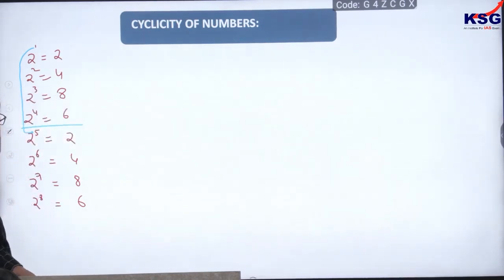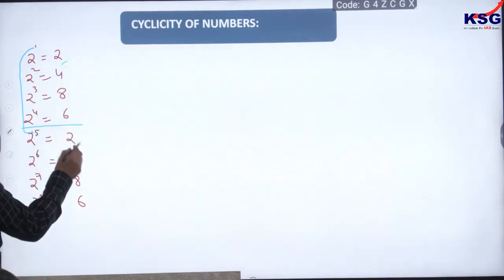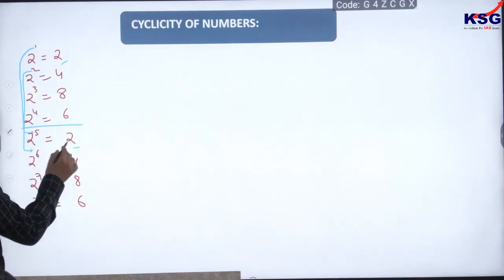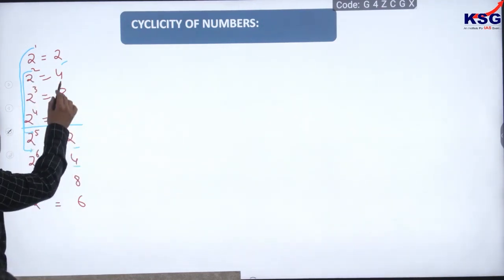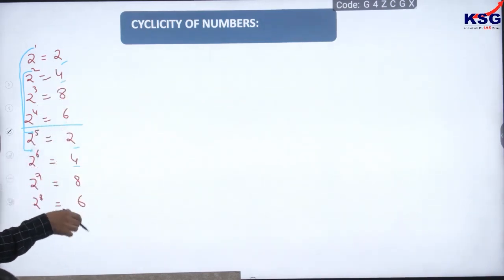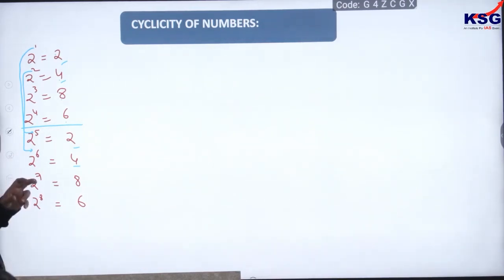So here also 2, here also 2. Similarly, 2 power 2 plus 4 is 2 power 6, so again you have 4 here and 4 here. So 2, 4, 8, 6, 2, 4, 8, 6, 2, 4, 8, 6 will keep on repeating itself for every 4 powers. That means there is a group of 4 powers, and these 4 digits keep repeating after every 4th power.